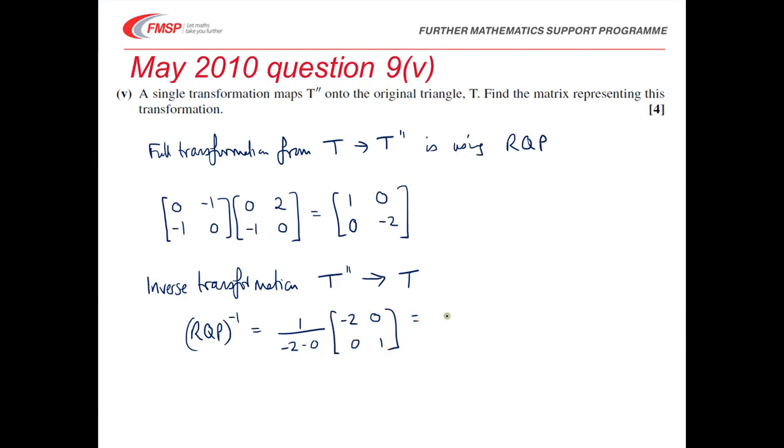So that's 1 over minus 2, minus 2, 0, 0, 1. And it's neatest if you minimise the number of minus signs. So I'm going to take the minus inside the matrix and get that as my final transformation, although having minus a half outside would be acceptable.